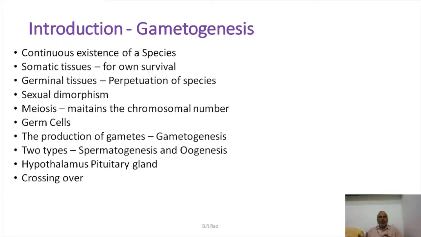So the chromosomal number will come to normalcy and the process will go on. That's why the somatic tissue is meant for our own survival, and the gonadial tissue is meant for our further generations. And you may be knowing that there is sexual dimorphism.